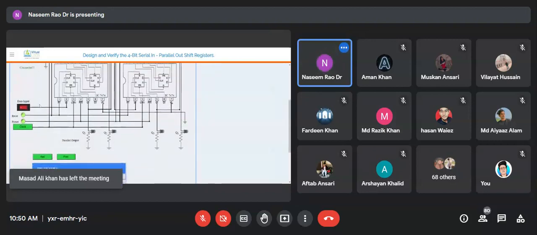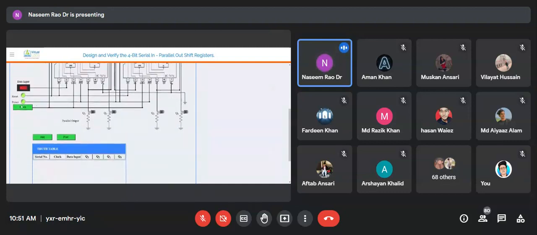Then we apply the data; the data input is here. This one is green, and the clock is this. Okay, clock 1 data.